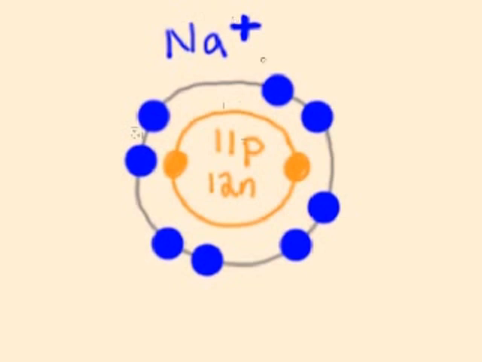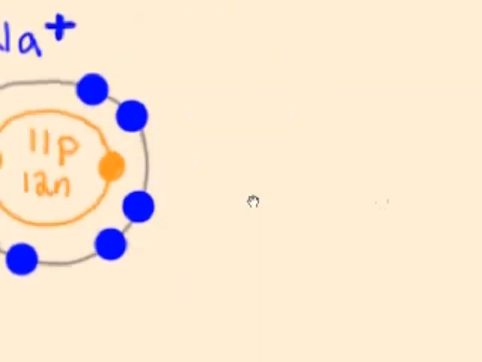Okay. Let's draw ourselves another atom. Let's go over here and draw our nucleus. That's our first energy level. It's going to have 17 protons and 18 neutrons.